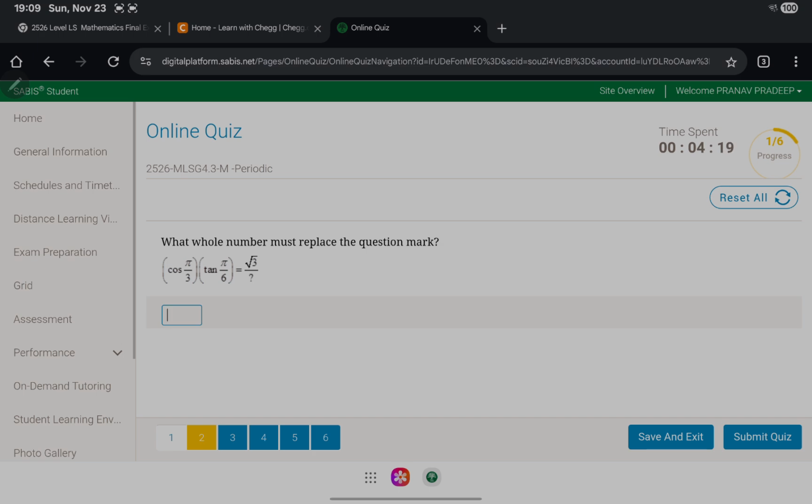So cos is 1 over secant, right? Wait, sorry. Cos is basically just the thing on the calculator. Cos is adjacent over hypotenuse.